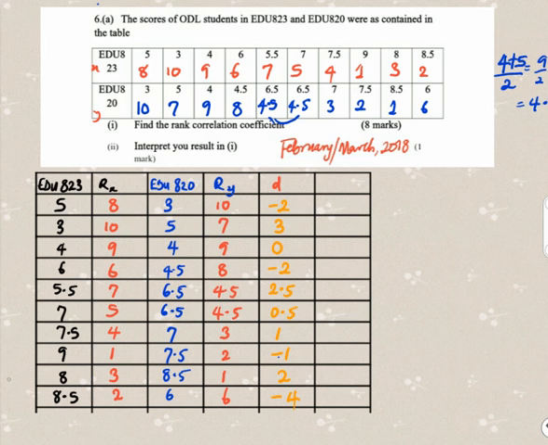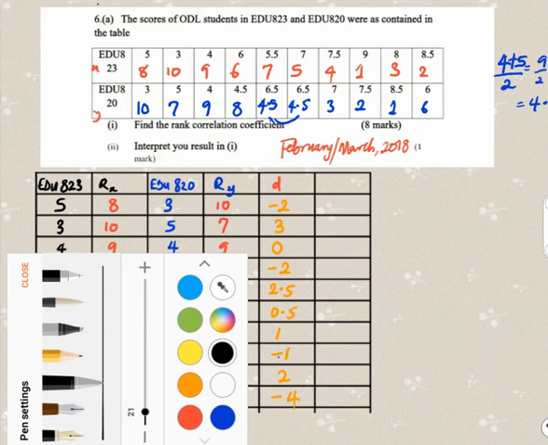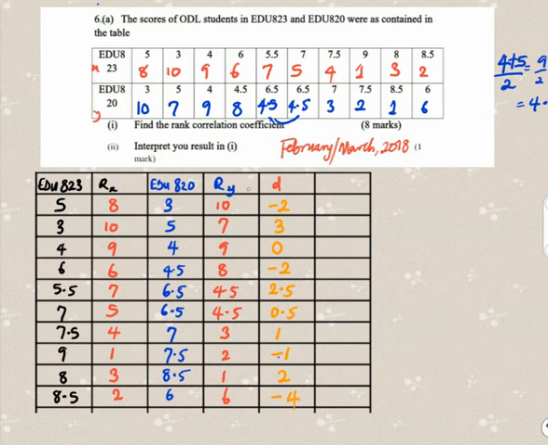All right, the next column, we're going to look for the square of the column we have for D. So we are going to look for D square. If you like, you can use capital letter D, any one you want to use.